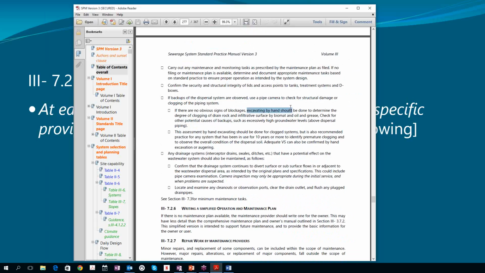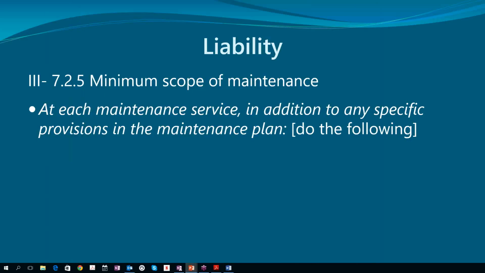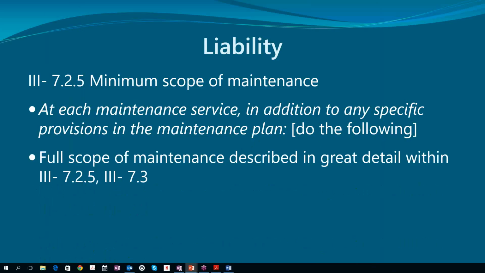Mentions excavating by hand if there are signs of backup, drainage ditches, and so on. I'll move on. The point of this is that we need to do what's in the maintenance plan plus the following, and the following is basically the full scope of maintenance that's described in great detail within those sections. And that stuff we did the other night, everything that maintenance is supposed to be.